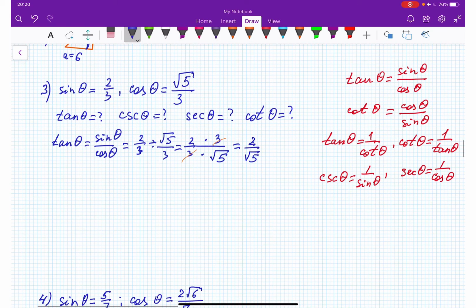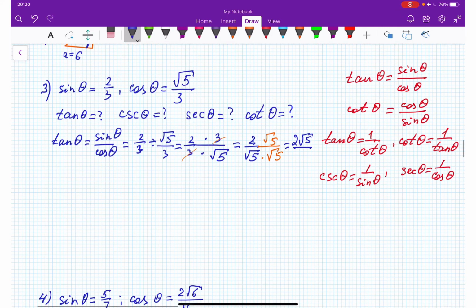We can't have any radical in the denominator, therefore we are going to rationalize, which means I'm going to multiply and divide by square root 5. Here I will get 2 square root of 5, and in the denominator I will have only 5.